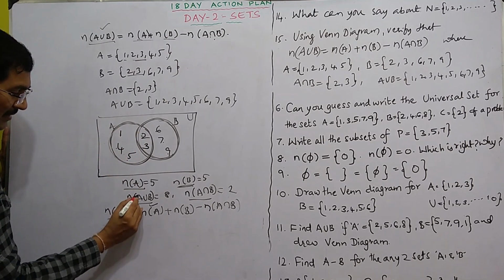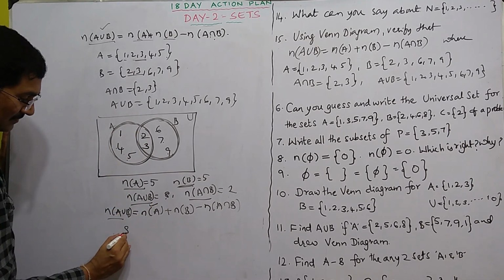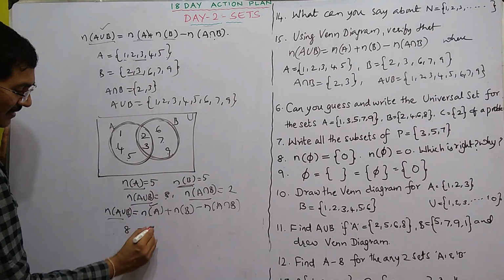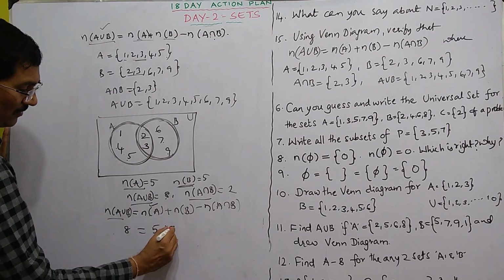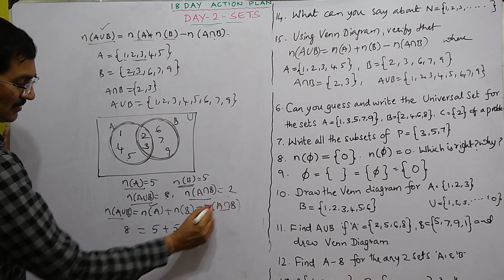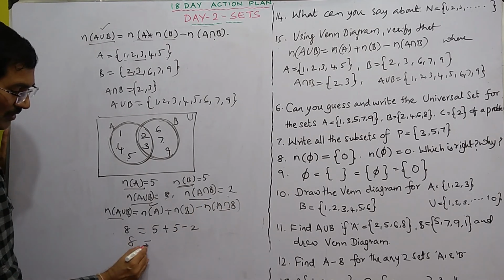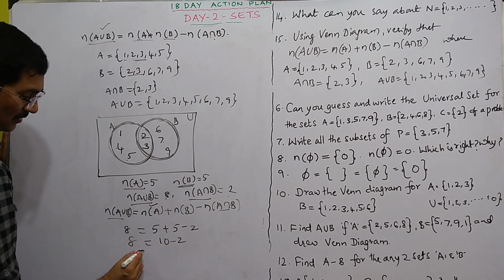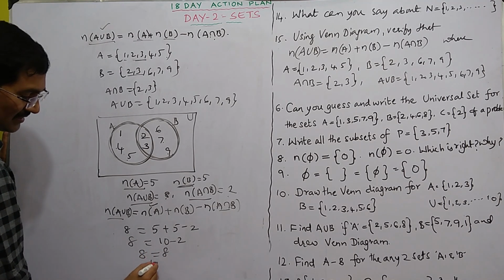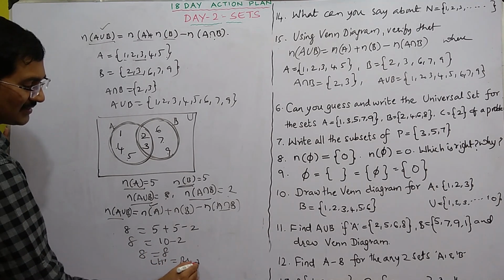As per the Venn diagram, n(A union B) is 8, which is equal to n(A) 5 plus n(B) 5 minus n(A intersection B) which is 2. So 8 is equal to 10 minus 2, that is 8. 8 is equal to 8. LHS is equal to RHS, hence it is proved.